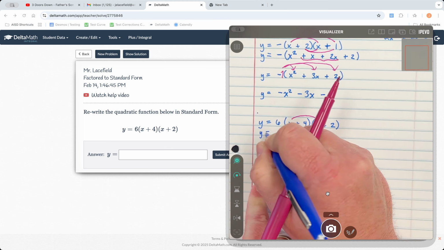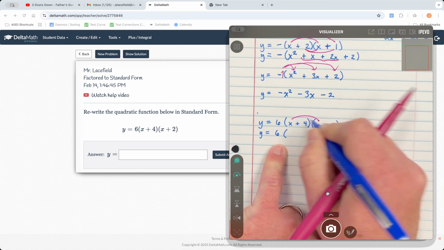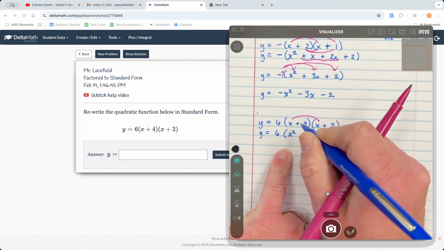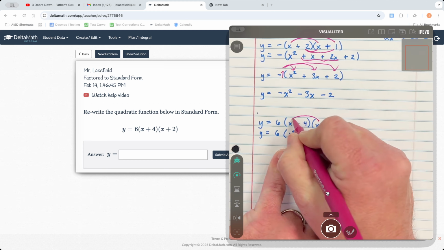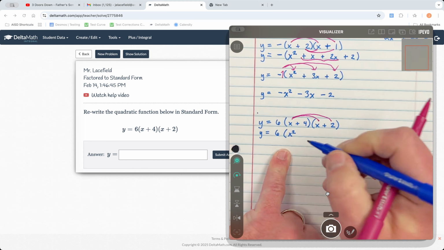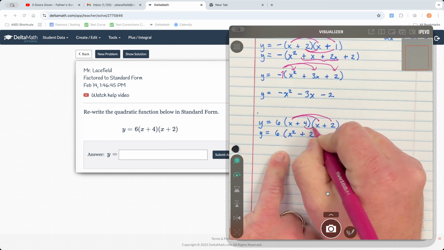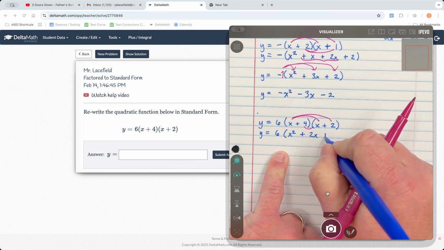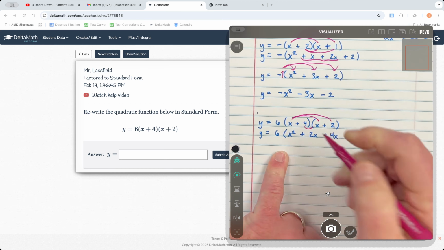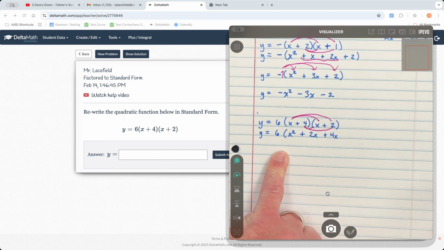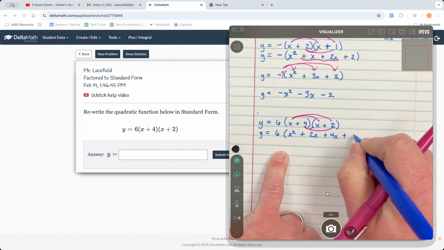This is going to become y equals 6 times, and we're just going to go x times x, which is x squared, and then x times 2, which is 2x, and then 4 times x, so plus 4x, and then finally 4 times 2, which is 8.